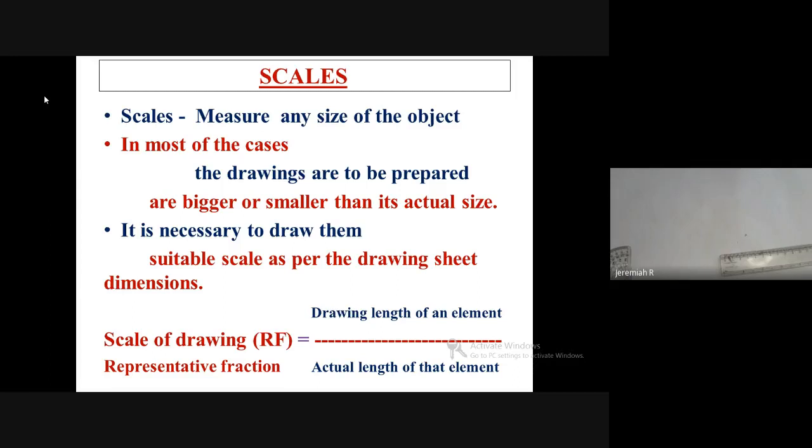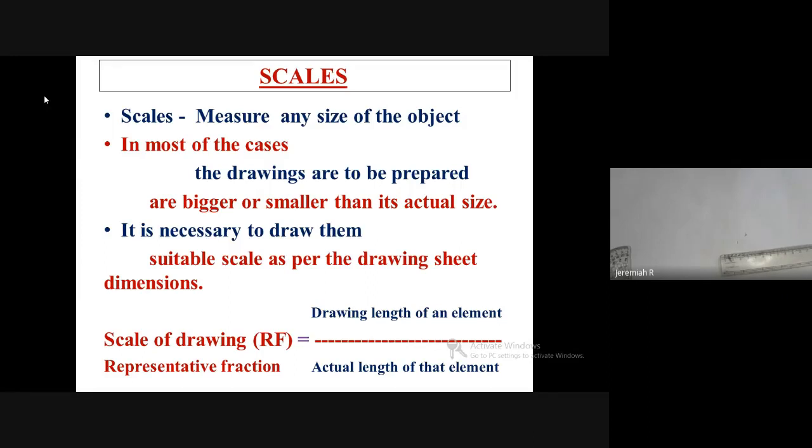The actual length may be 50 kilometers, but the drawing length may be 1 centimeter, so RF should be less than 1. The actual length may be 50 kilometers, 50 acres, 1 acre, 10 meters or 10 decimeters, so the actual length will be something different. But scale of drawing is the ratio between the drawing length of an element divided by the actual length of the element.